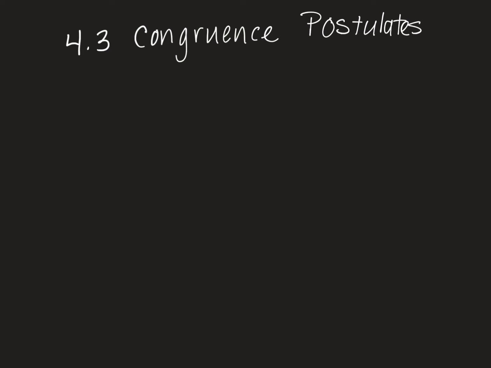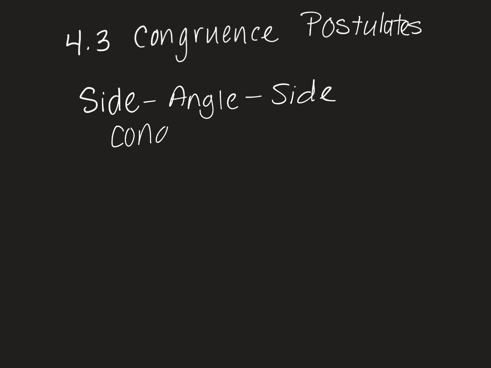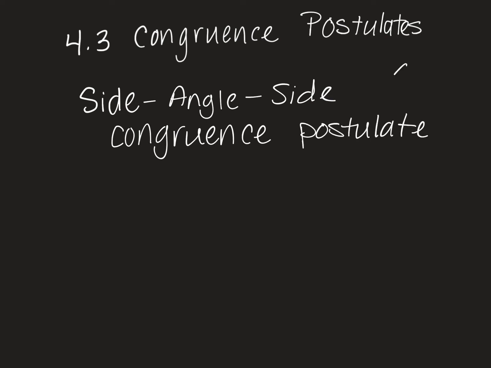So the first one is the side angle side congruence postulate. All right, this does not need to go on your sheet, just in your notes. This will be abbreviated as SAS, right? Side angle side.